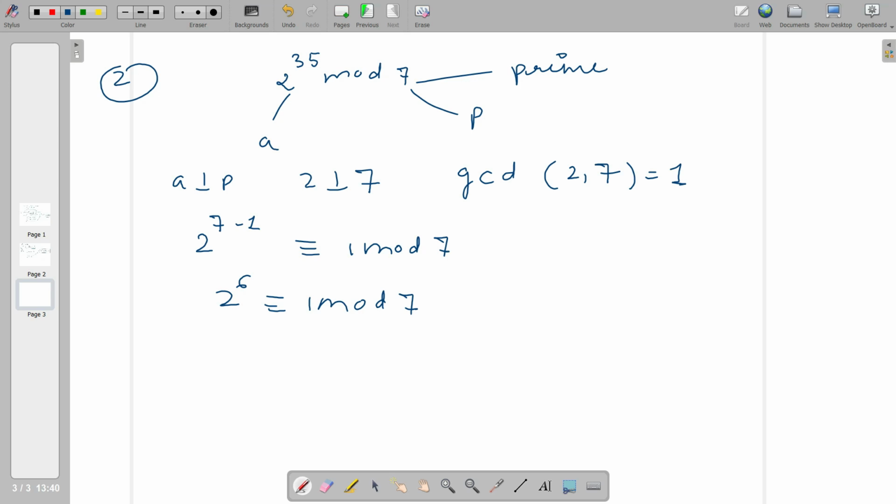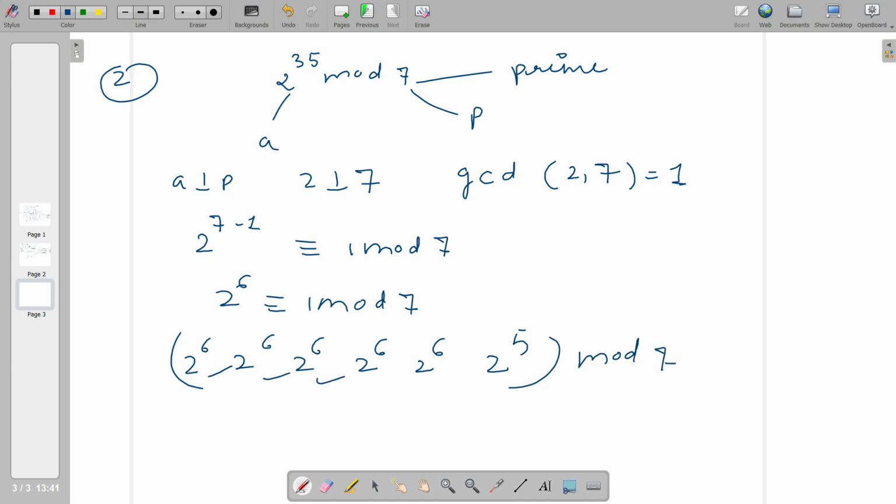Now we can write 2 to the power 35 as 2 to the power 6, 2 to the power 6, 2 to the power 6, 2 to the power 6, 2 to the power 6, and then 2 to the power 5, whole mod 7. Every time we apply mod 7 to 2 to the power 6, it comes out to be 1.